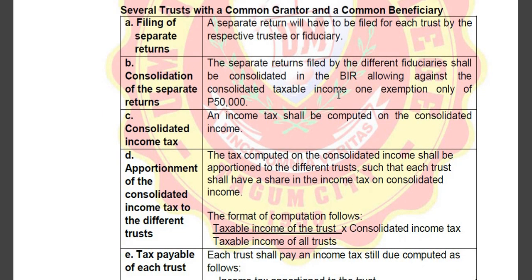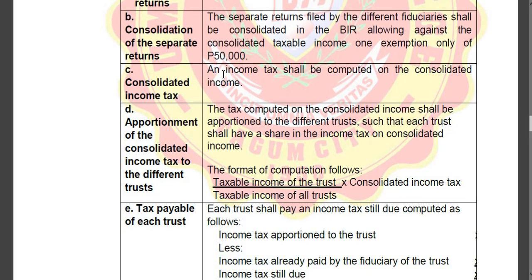Consolidation of the separate return. So at the end of the year, after filing a separate return, all the trusts with the same grantor will be consolidated. Consolidated income tax. An income tax shall be computed on the consolidated income.